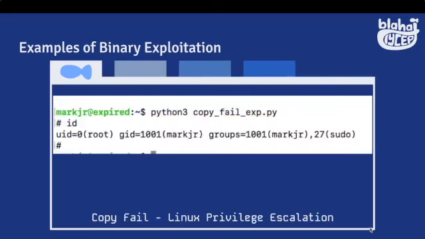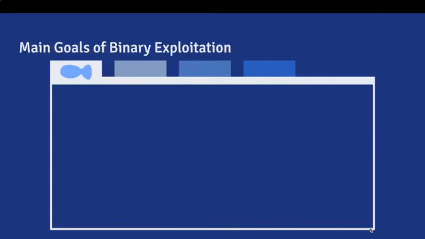A third one is the exploit that we showed you on the opening ceremony day, when Lucas showed you an example of gaining root privilege in a Linux system when you're a user with normal rights. This is usually done by exploiting vulnerabilities in the kernel. So those are some examples of binary exploitation.